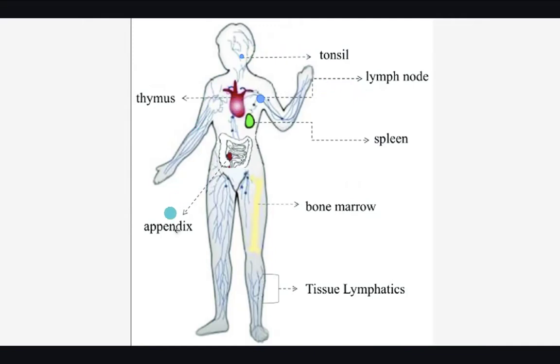And then you have the appendix, which is presumed to be home to good bacteria, which would protect specifically our colon or our large intestine. Okay, and then you have different lymphatic tissues which surround our body, so that there would be immediate cleaning and immediate action whenever there are microorganisms that would invade the body.